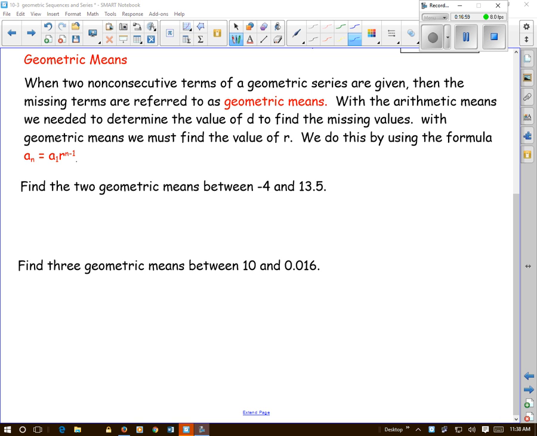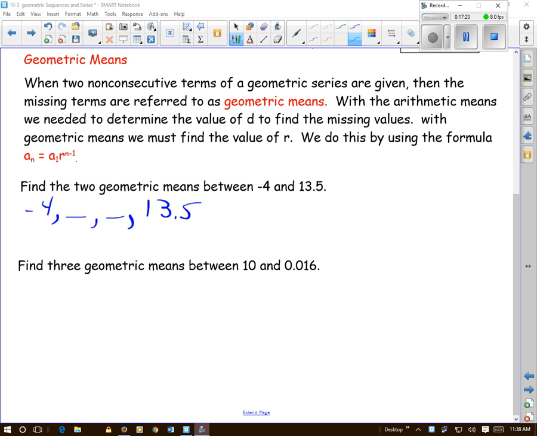Okay, so we're going to use our formula for an again to help us figure this out. We want to find two geometric means between -4 and 13.5, so I always recommend starting these by drawing yourself a little diagram. -4, blank, blank, 13.5.